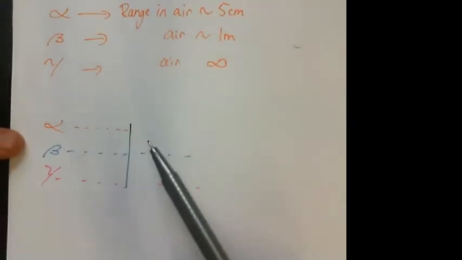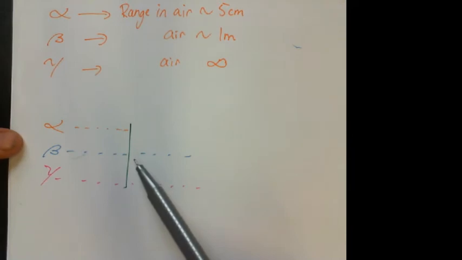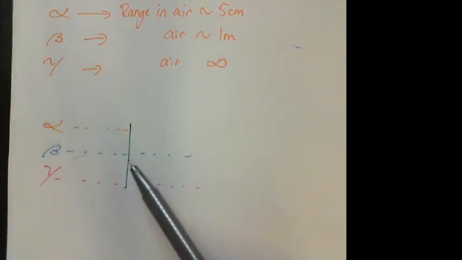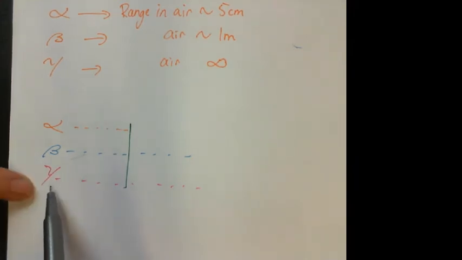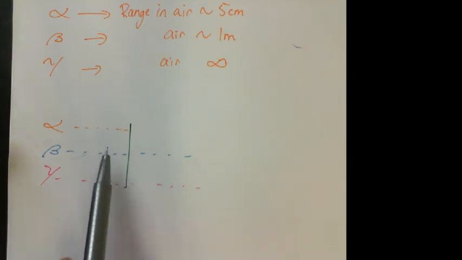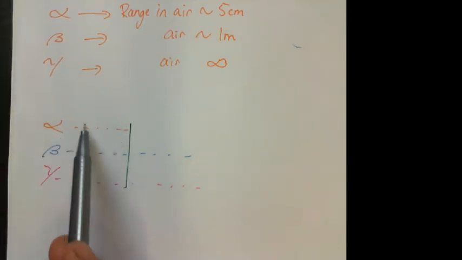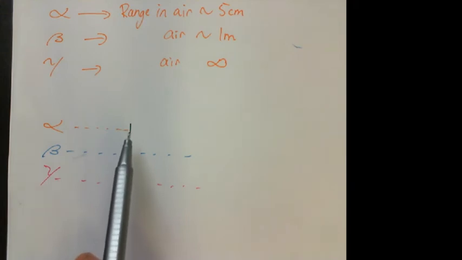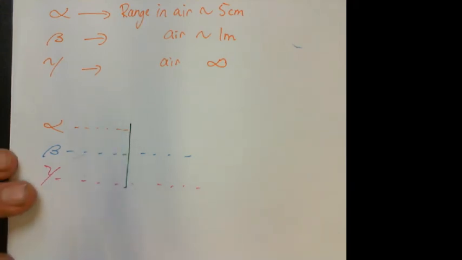So one of the uses of beta radiation is to measure the thickness of paper, because the thicker it is, the more particles get stopped, and the thinner it is, the more particles get through. I'll show you the machine that uses that in a minute. Gamma rays are no use for this, because they'll go through the paper regardless of how thick it is, and alpha is no use either, because it will get stopped regardless of how thick it is. So only beta can be used for the thickness of paper.